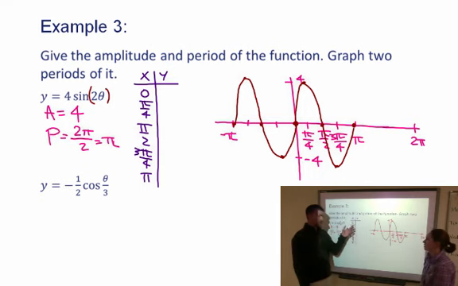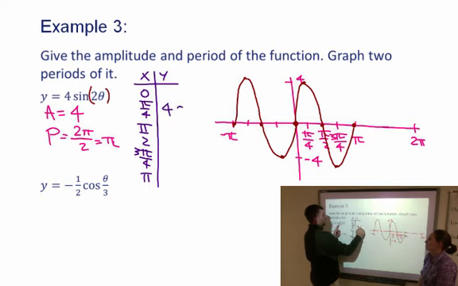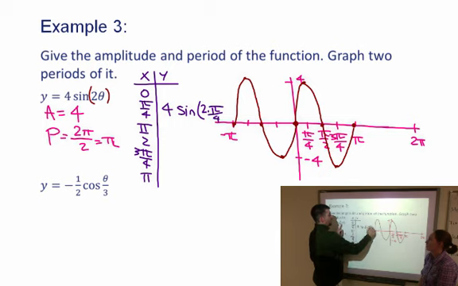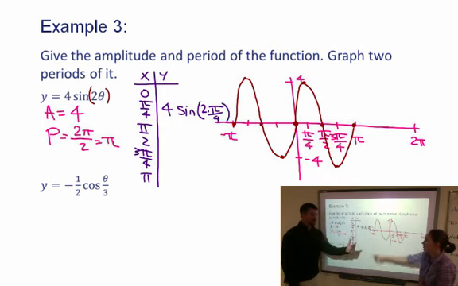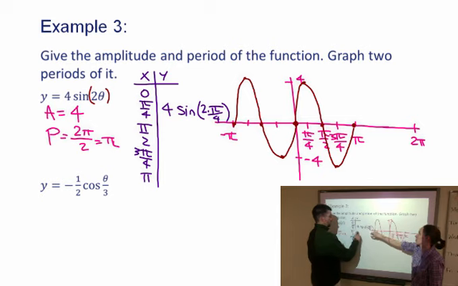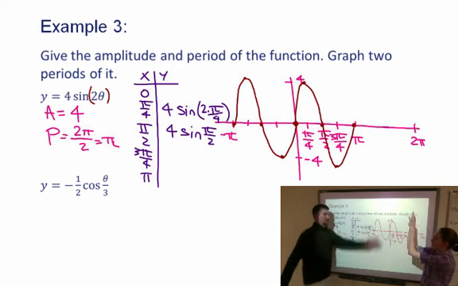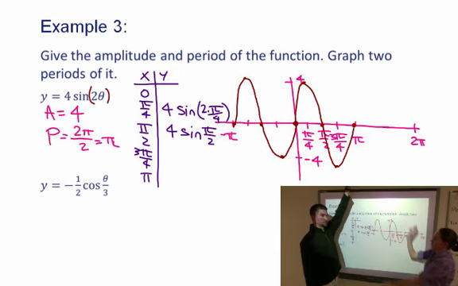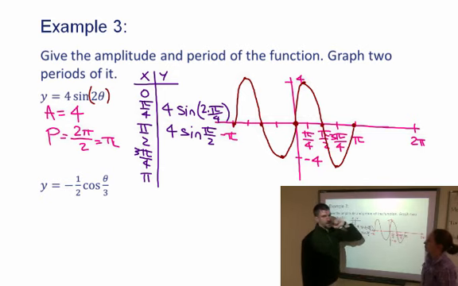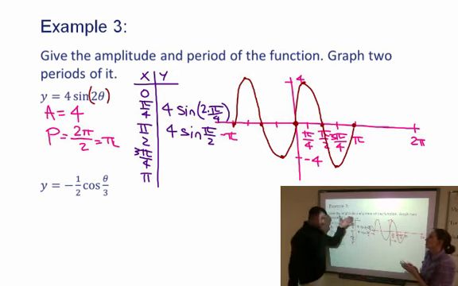Use your circle card, and they work out because, when we look at pi over 4 here, if I have 4 sine of 2 times pi over 4, what does that become? You cancel the 2's out, and that's pi over 2. So sine of pi over 2 is 1. And then 1 times 4 is 4, and that's how we got that point. Okay? So that's the old school graphing situation.